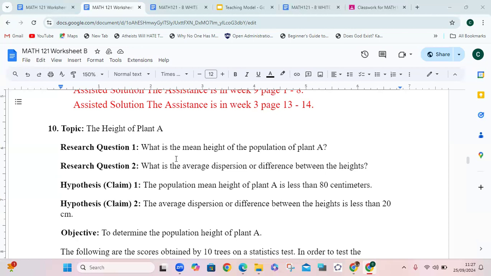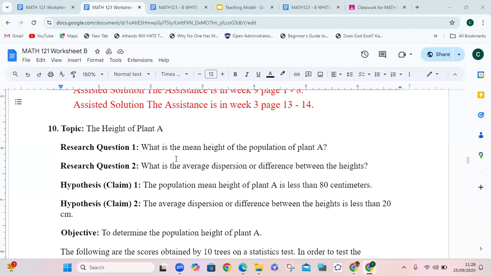There are 2 different descriptive measures in play here. Research question number 1 is asking about the mean, the average. Research question number 2 is not asking about the average. It is asking about the difference between the heights. That's a different type of analysis. That's a different descriptive measure.